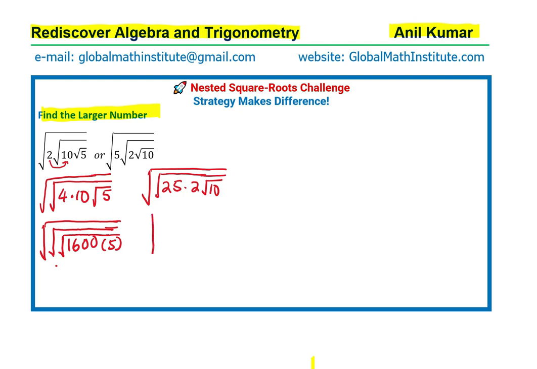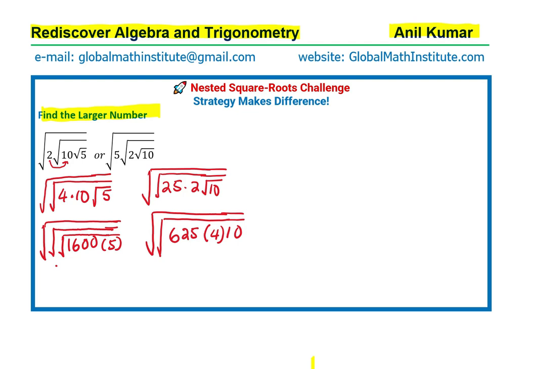And for the other number, 25 square will be there, so 625, times 2 square which is 4, times 10. Now you can see which one is greater, which one is smaller, and definitely you will know which one is larger. Perfect. But these are very big numbers to work with, right?